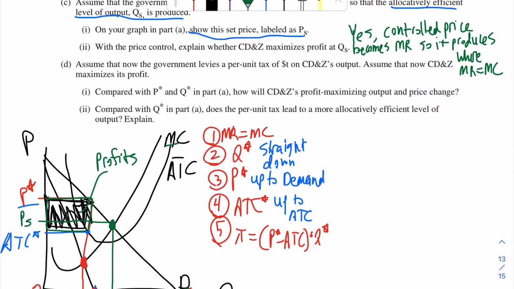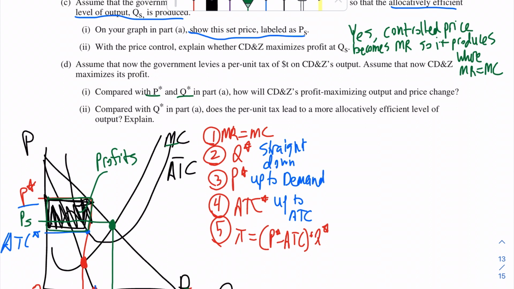Now D. Assume now the government levies a per unit tax of T dollars on CD and Z's output. Assume that now CD and Z maximizes its profits. So now we're back to MR equals MC, and now we have a tax. So compared with price and quantity, how will the maximizing output and price change?